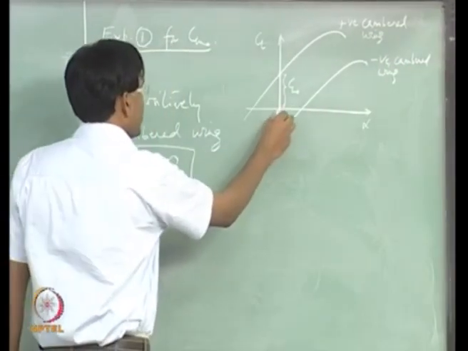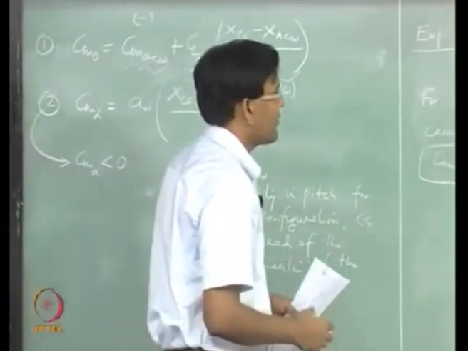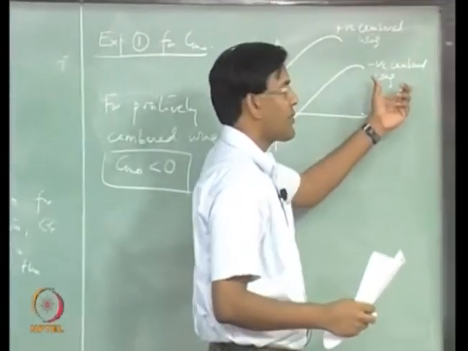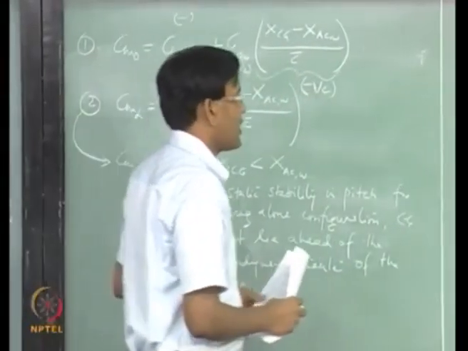Cl naught is negative here. So, if we use a negative camber for the wing, then we can make this Cm naught positive.